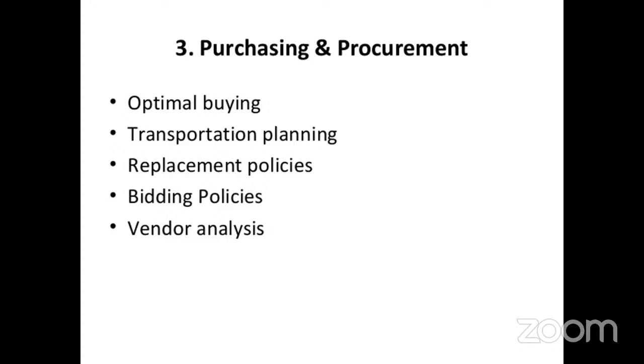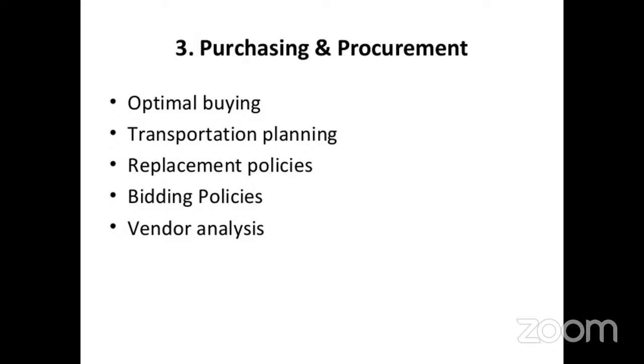All these are areas where we apply an OR technique and get the best solution in our businesses. Solving is not the only criterion; we need to get the best solution so that we can reach our goal. Our goal is what? Maximum profit. To get the maximum profit, we can apply these operations research techniques.